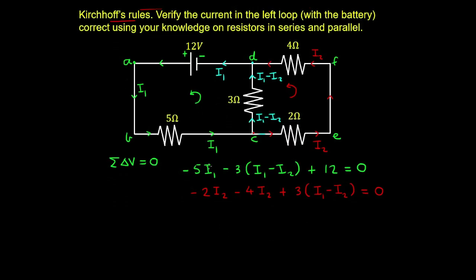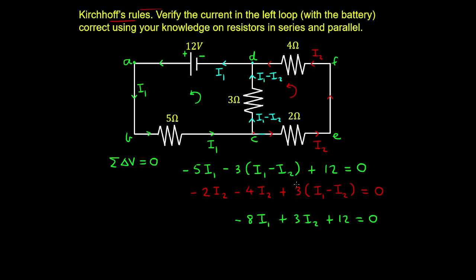And now if we simplify these equations, we have minus 5I1 minus 3I1, which is minus 8I1, plus 3I2, plus 12 is equal to 0.